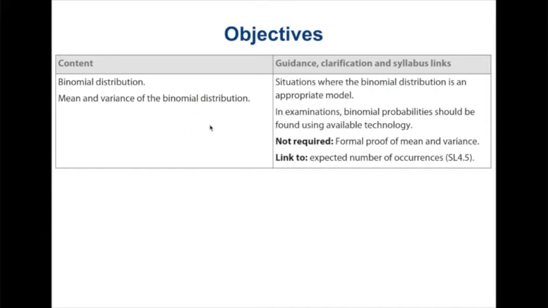And also the requirement is for you to be able to use the available technology, in this case the Texas Instrument Calculator, to find binomial probabilities. Next is the mean and variance. We'll go through the mean and variance of the binomial distribution, and we are not going to prove how to find the mean and variance formula.